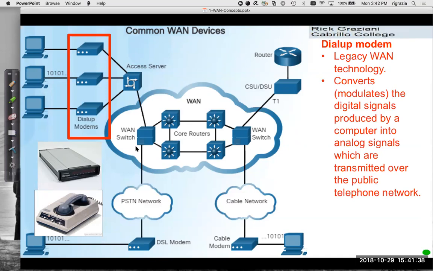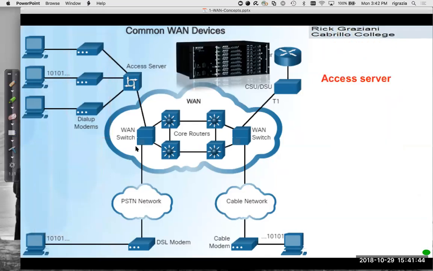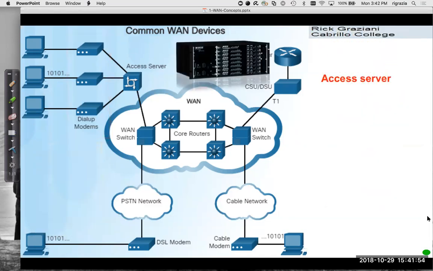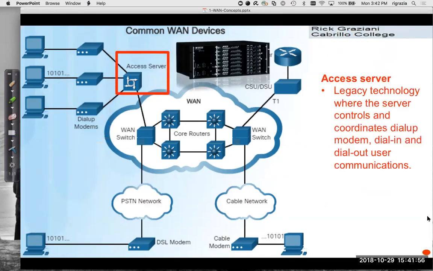So when it went over the public switched telephone network, but we also have, I'm going to show these in a moment, a DSL and cable modem, but we'll talk about those more in a moment. Let's see, the access server. The access server is just the device that connected the multiple dial-up modems.